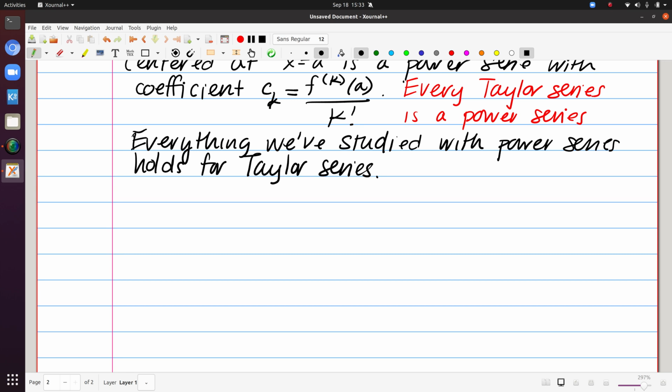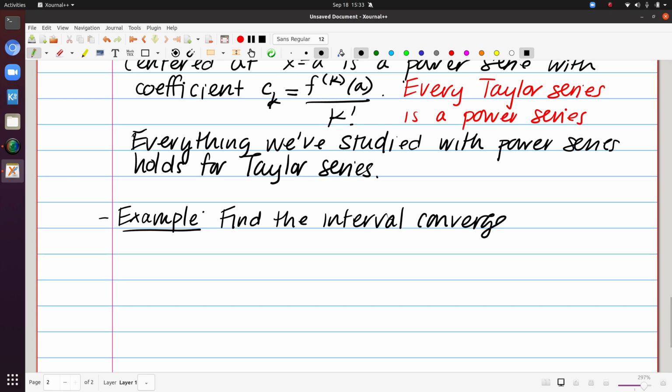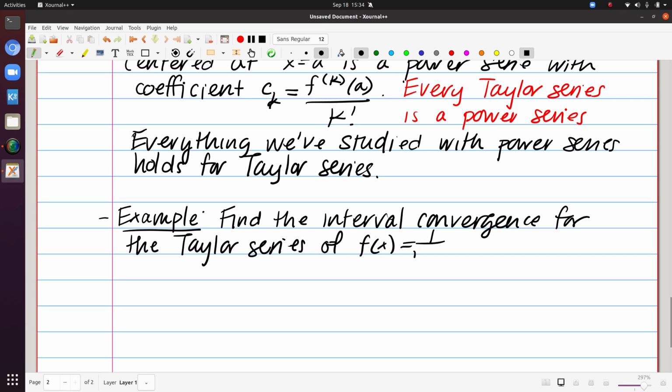So when we're looking at our example, yet again, that we've studied so far, I can say find the interval of convergence for the Taylor series of the function f of x equals 1 over 1 minus x centered at x equals 0.